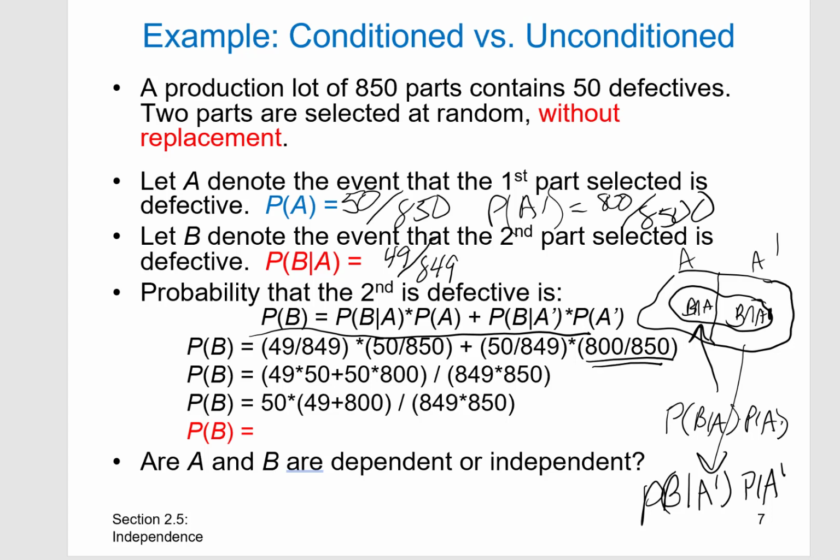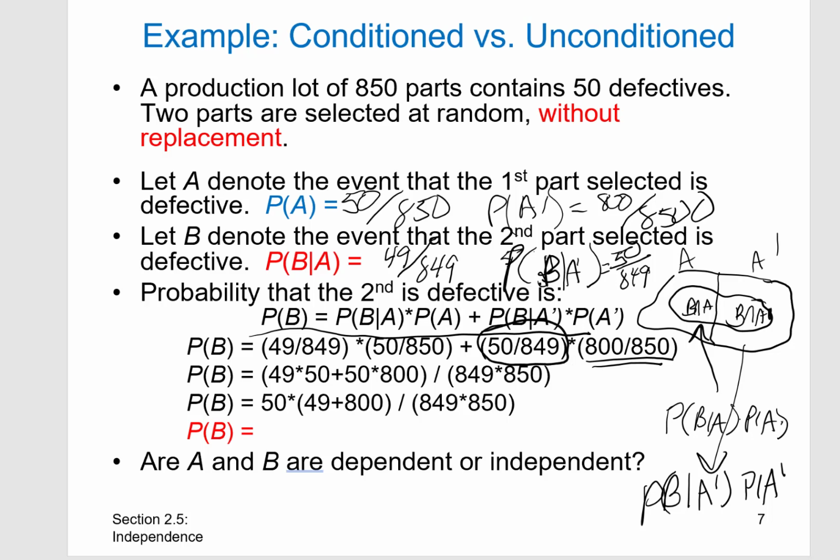So I put that in here for the probability of A prime. And then the probability of B given A prime. You had 50 defective, so the probability of B, given that the first part wasn't defective, you have 849 in your sample space because one is taken out, but you still have 50 defective parts left.